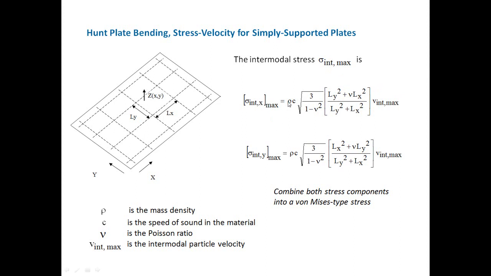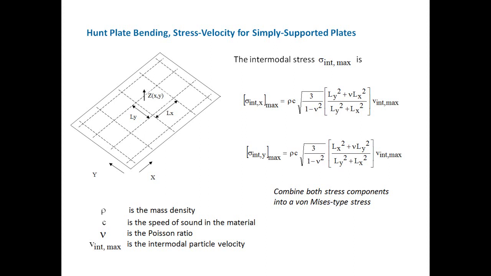Rho is the mass density, c is the speed of sound in the material, and this is the Poisson ratio. V sub int comma max is the intermodal particle velocity, the maximum velocity. Once these two stress components are calculated, they can be combined into a von Mises type stress relationship.